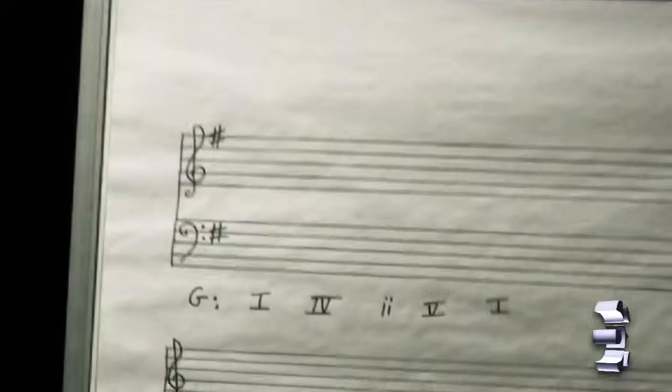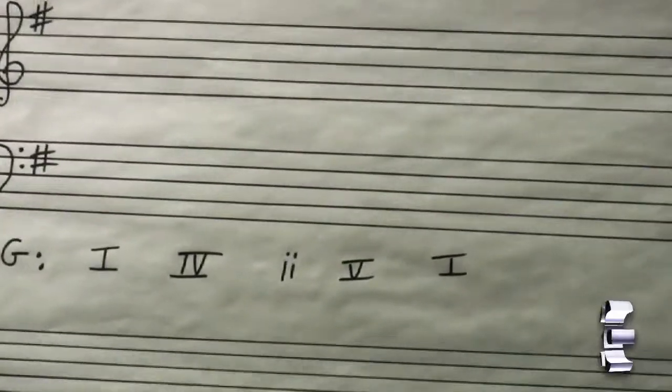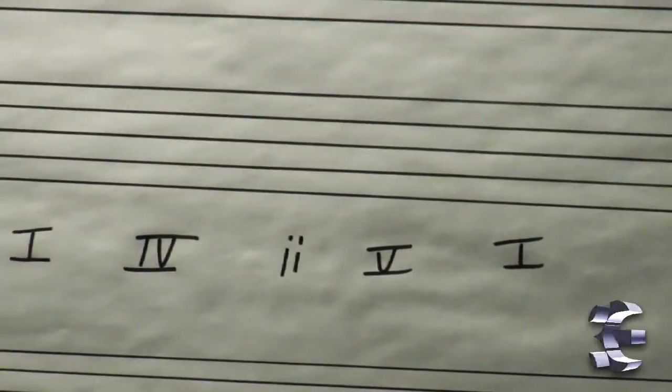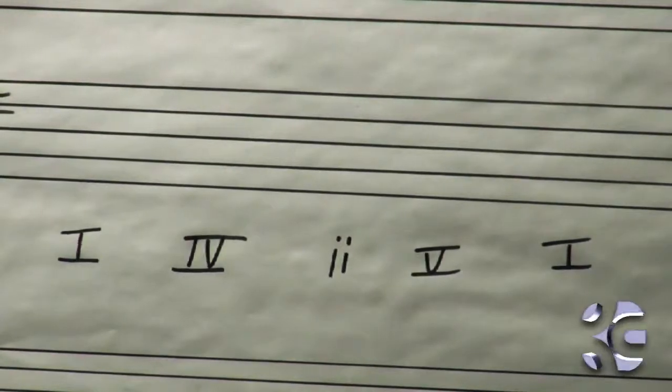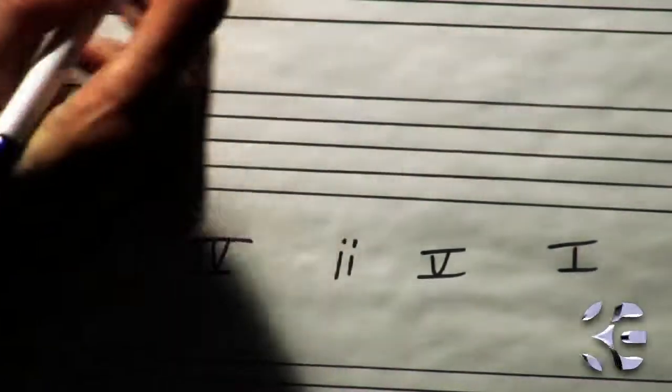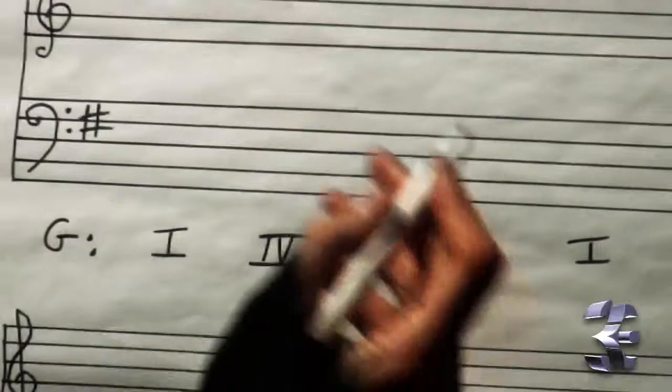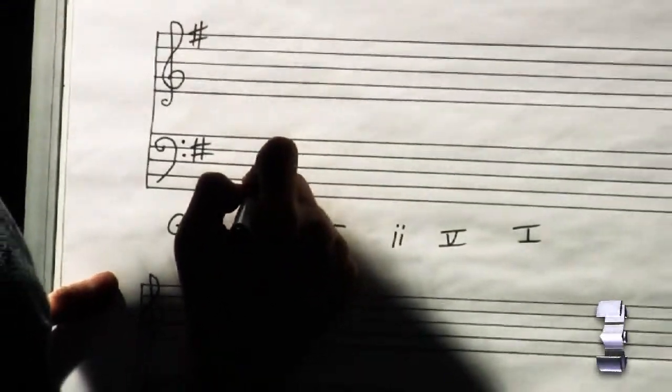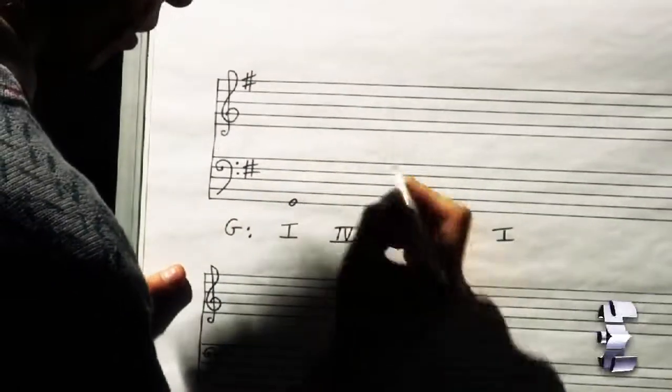And so what that gives us then is a chord progression that could be expressed as 1, 4, 2, 5, and 1. And so if we want, we can just sort of sketch out the bass line here.